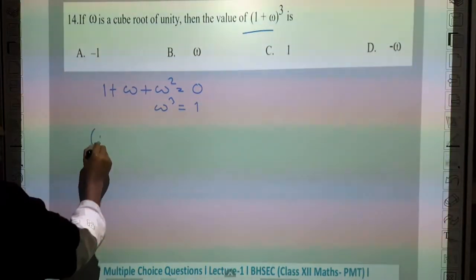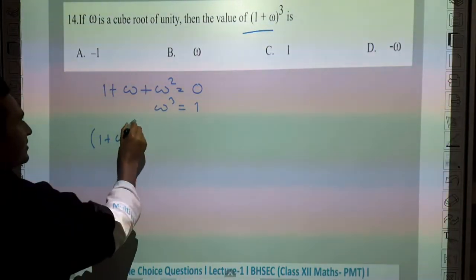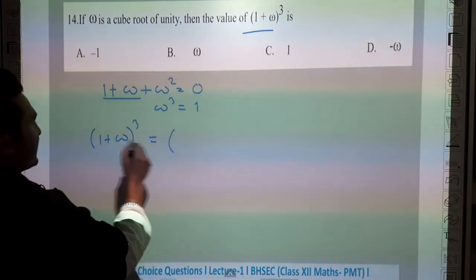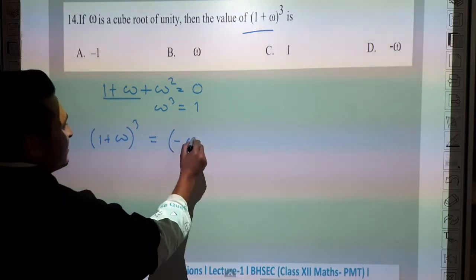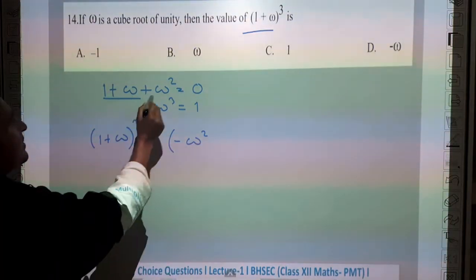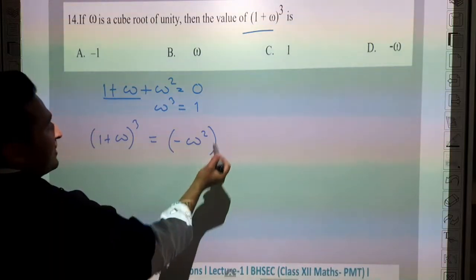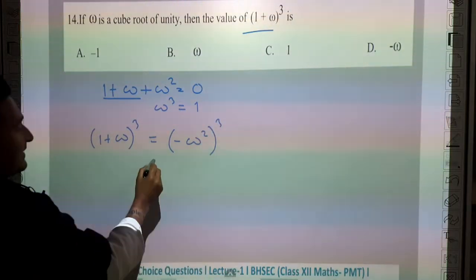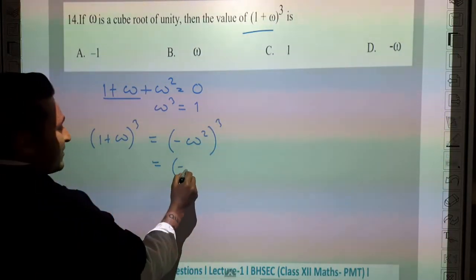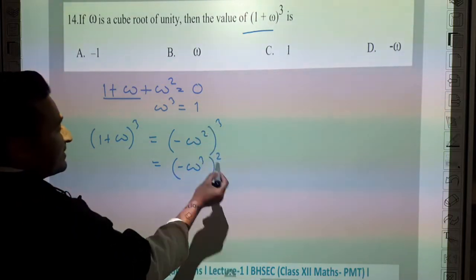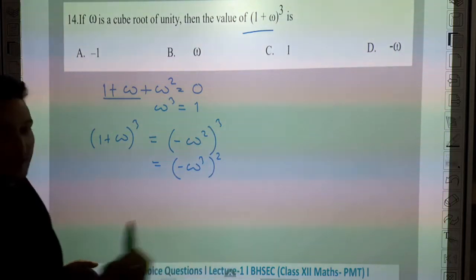So it says 1 plus omega cube. From the first relation, we can write this as 1 plus omega, and if you take this omega square to that side, it is minus omega square. So cube is still here. This is equal to omega cube to the power of 2, meaning 2 times 3 is 6, again 3 times 2 is still 6.